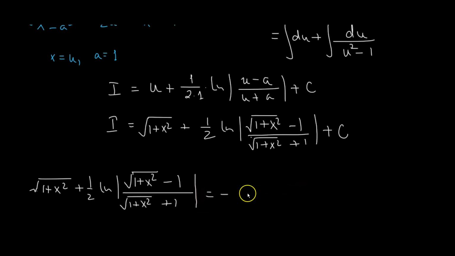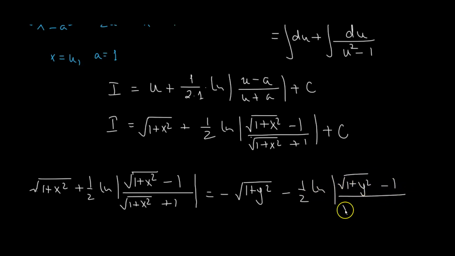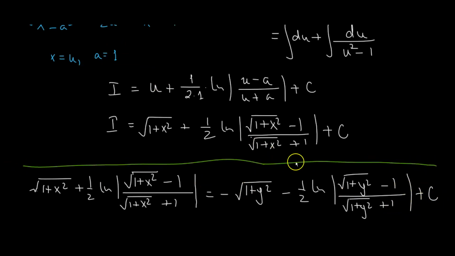So we have the integration in terms of y, the same thing, where all the x's get replaced with y's. So we have negative half natural log of square root of 1 plus y squared minus 1 divided by square root of 1 plus y squared plus 1, plus the constant of integration, and this is going to be the required solution to our given differential equation.